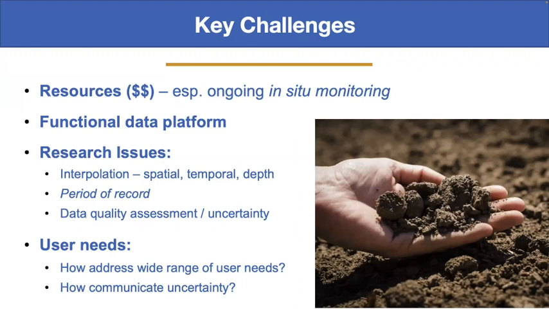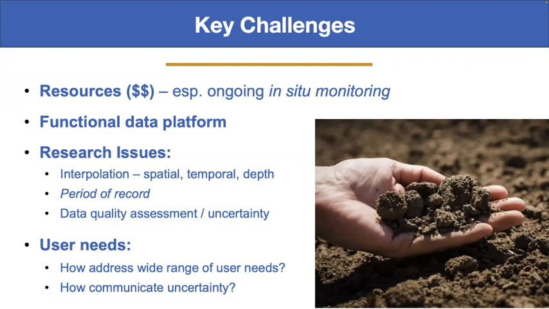How do we communicate uncertainty to our users? How do we use data that may not be super high quality but still has information, and make sure people understand where that information horizon falls? So, more research there.